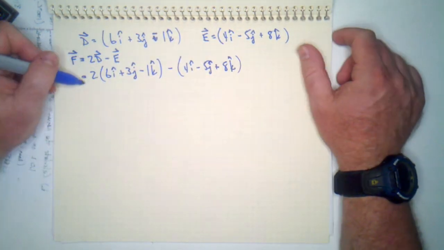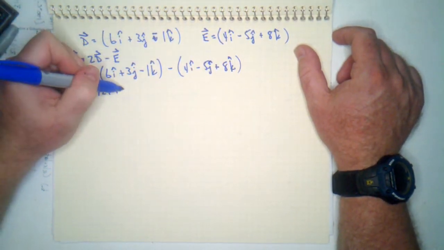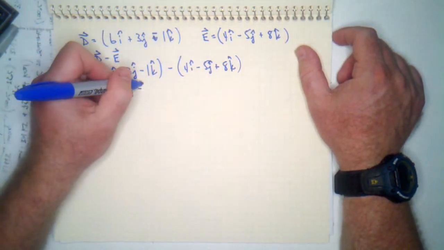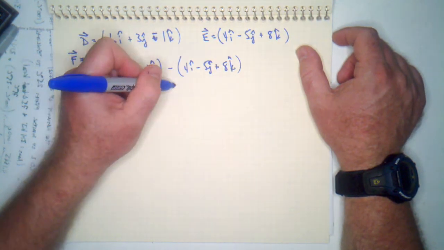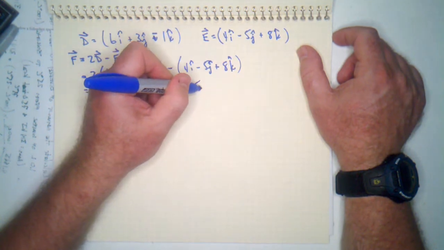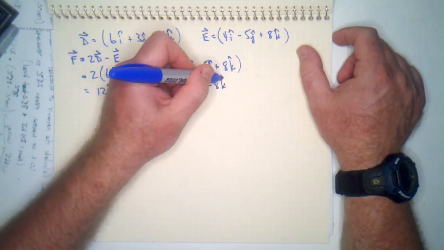Now we multiply by 2, so we're going to get 12i hat plus 6j hat minus 2k hat minus 4i hat plus 5j hat minus 8k hat.